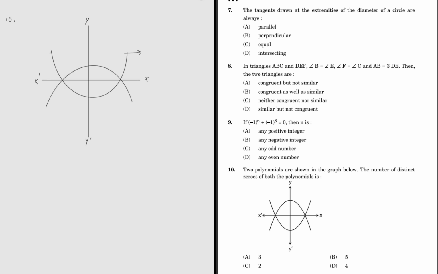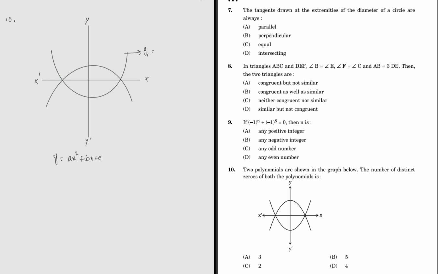So first we'll consider this polynomial. So we know, right, generally, let's write an example of a polynomial equation. This is a quadratic polynomial. It has two zeros. So now this graph hits the x-axis at 2 points. So this is a quadratic polynomial.